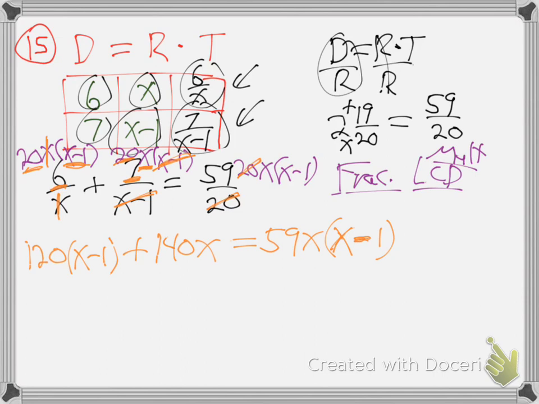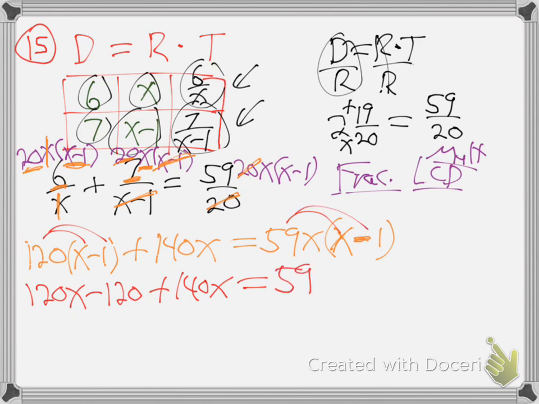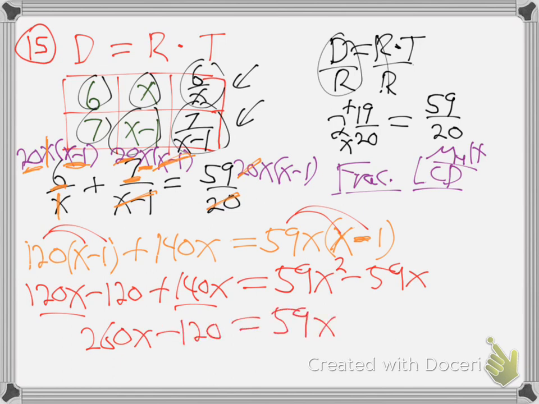All right, not an easy one. Let's keep going. Distribute: 120x minus 120 plus 140x. Distribute here: 59x squared minus 59x. Gather like terms, 120x and 140x, was that 260x?